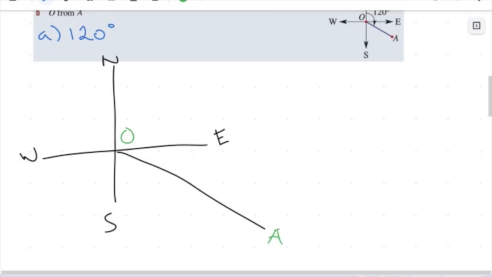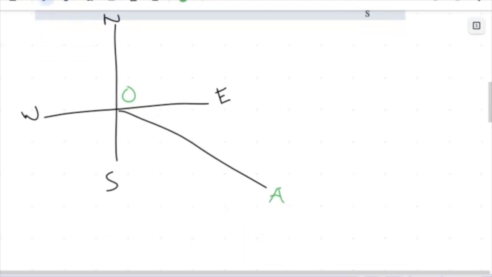Okay, now, this time we want to find the location of O, an angle direction, from the perspective of A. So we're always measuring bearings from the perspective of north.